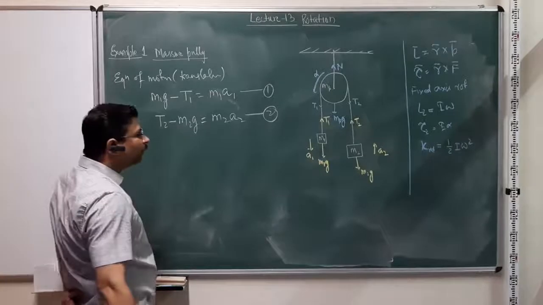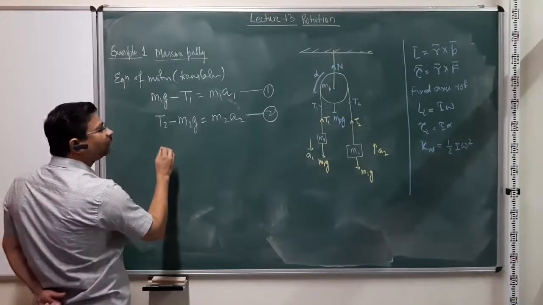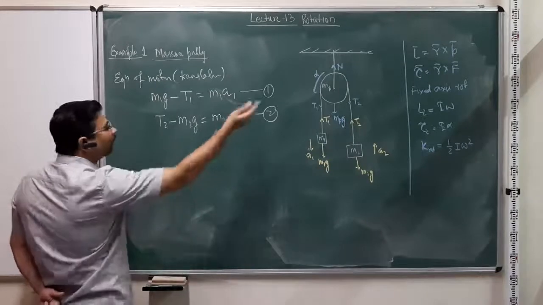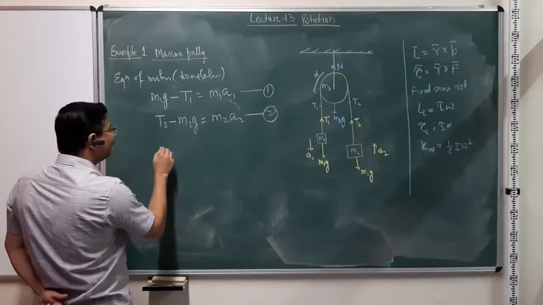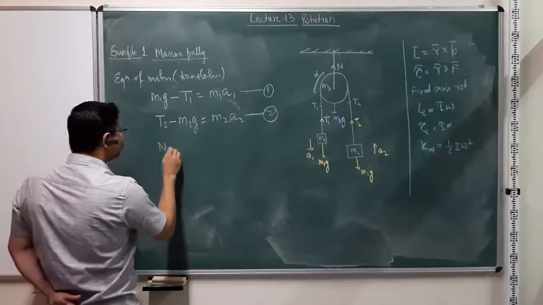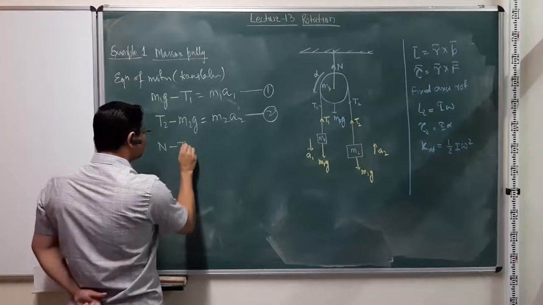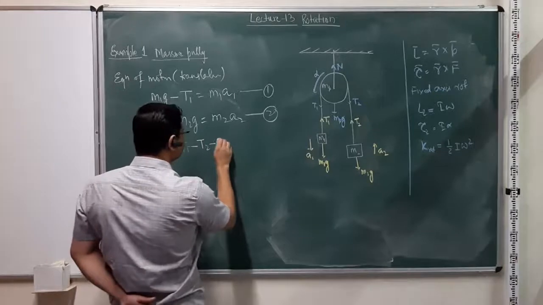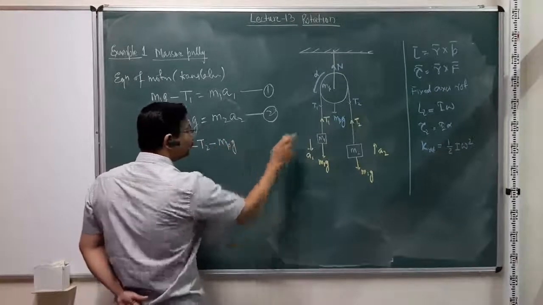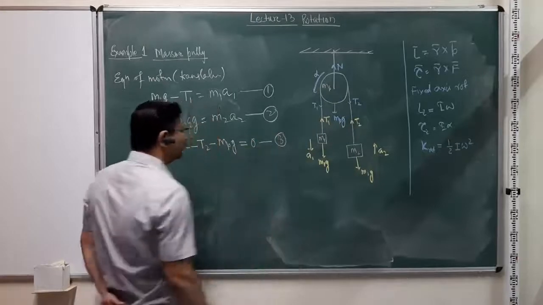For the pulley, it is not making any motion in the vertical direction. So for the pulley, actually the sign will not matter, but anyway, let me take N as my positive direction. So N minus T1 minus T2 minus MPG, because all of them are acting opposite to the normal reaction.